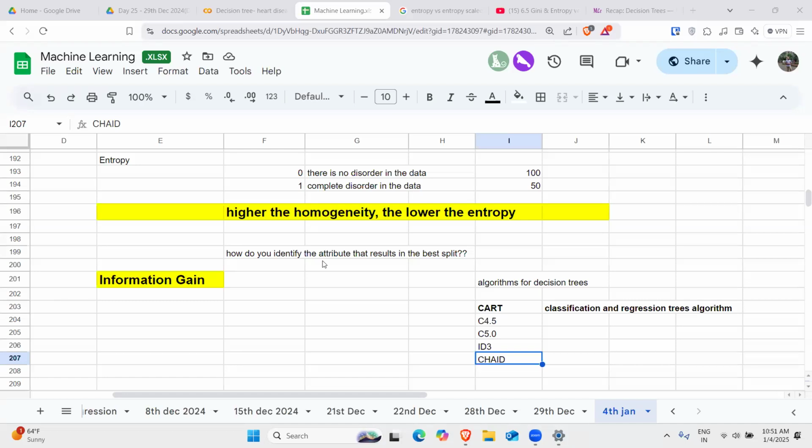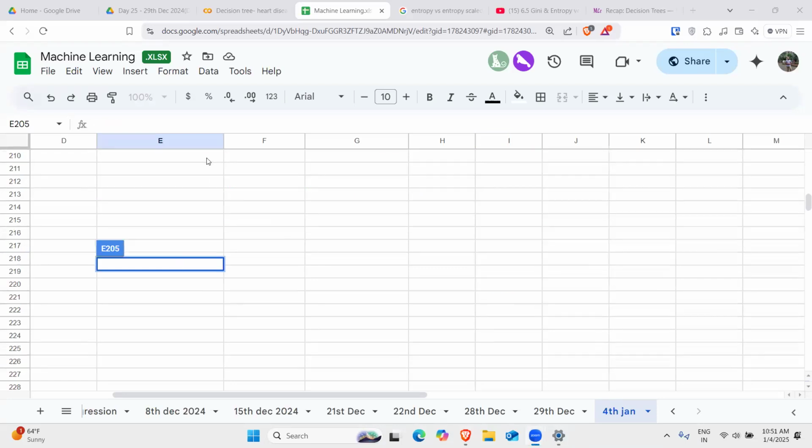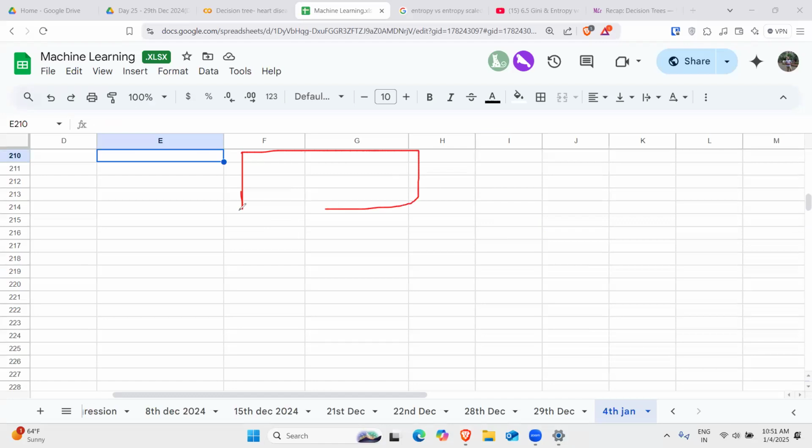Okay. So your criteria for splitting is, suppose you have a data set over here, with two colors, and items 1, 2, 3, then 1, 2, 3, then 1, 2, 3, 4, and one more 1, 2, 3.